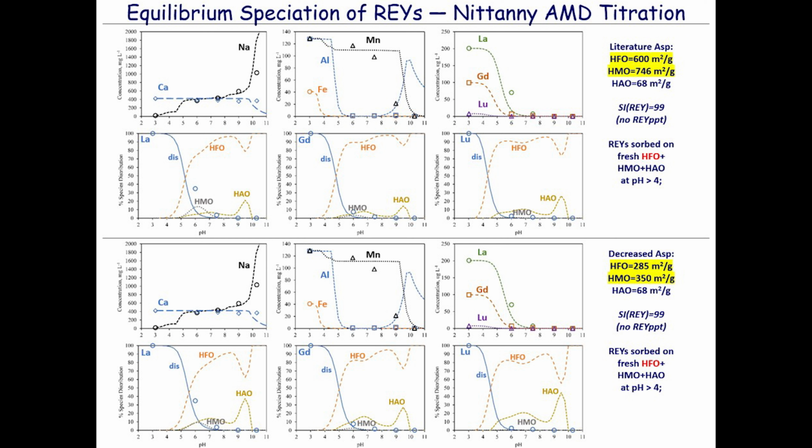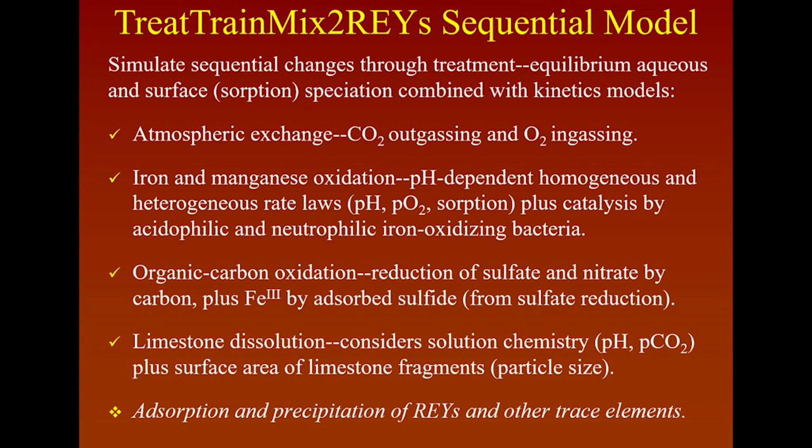So all I did was decrease the surface area. The numbers I decreased to are actually consistent with what's been measured. There's a wide range of these numbers, and these are sort of mid-values. The upper ones, which are the default values, are what's reported in the literature, sort of the upper end. Now we're getting a better simulation, so I've used these same surface areas in subsequent models, as you'll see in the next models.